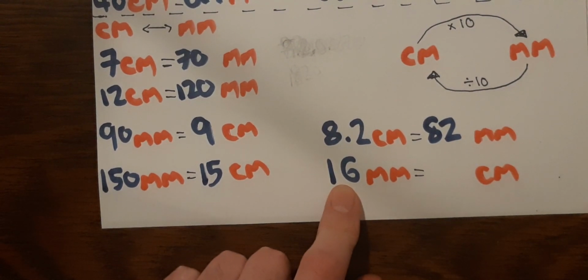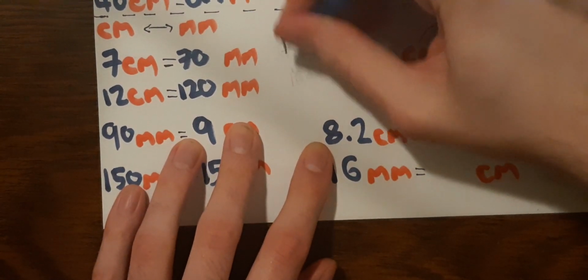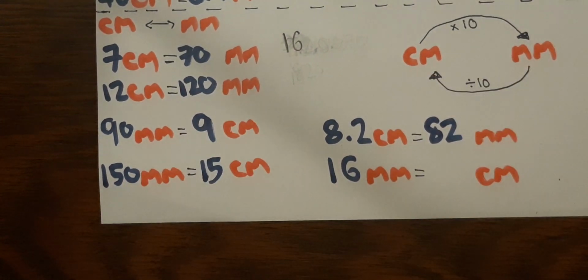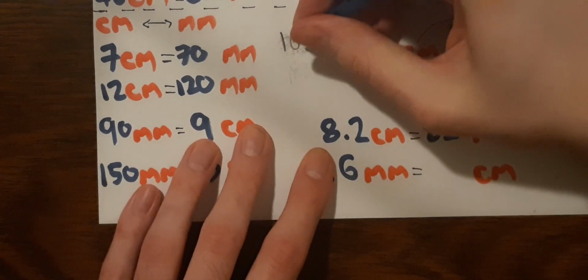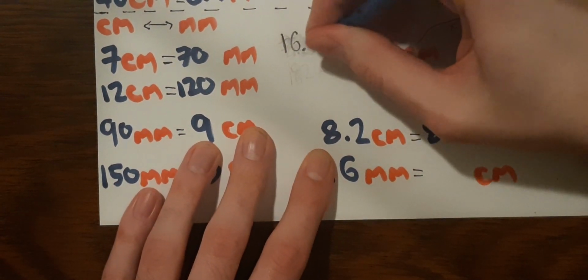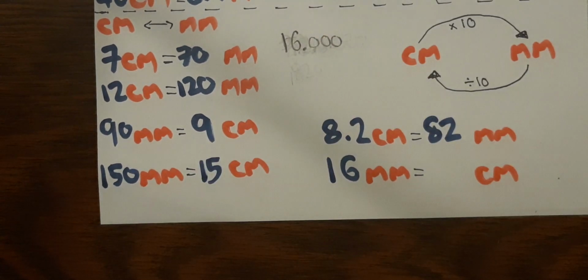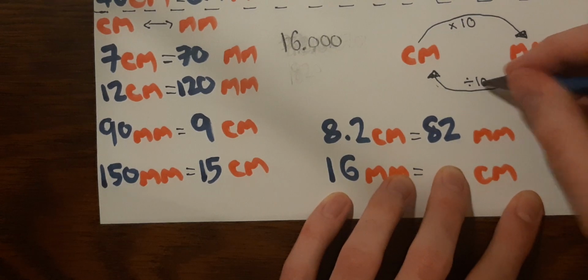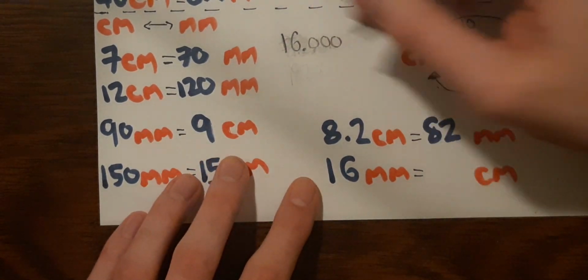Here we go. We got 16 millimeters. We're going to centimeters. How do we do that? Divide by 10. Can you divide that in your head? Maybe you can. Awesome. If you can't, let's decimal it up. Remember, when you divide, you move it to the left once, because there's 1 0 in 10.